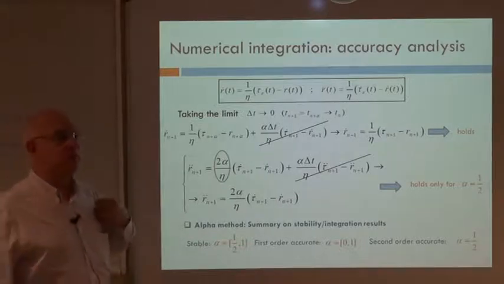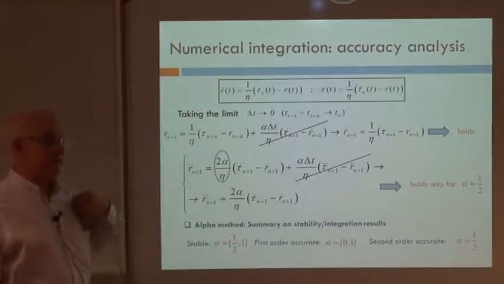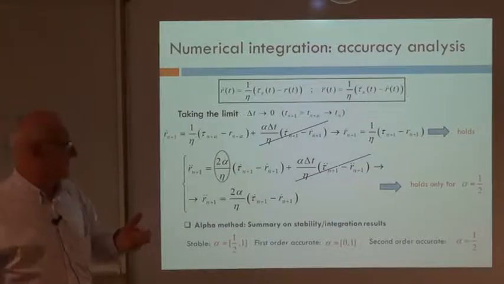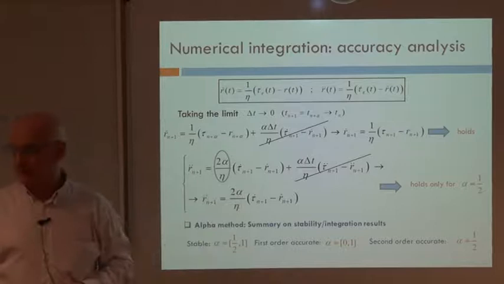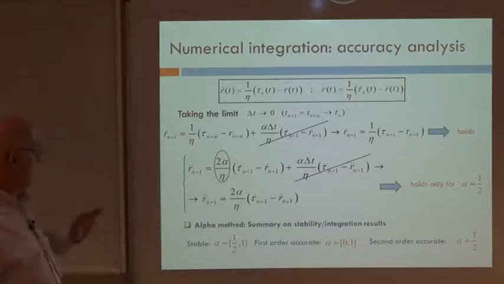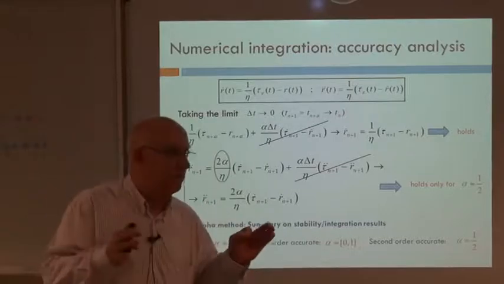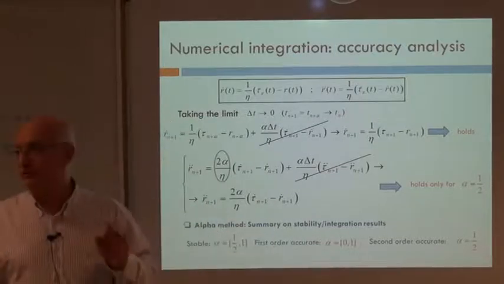Okay? Just for introducing you the issue, the accuracy is obtained with certain values of alpha. So the summary is the following. You can use any alpha between 0 and 1, and the method will be consistent.